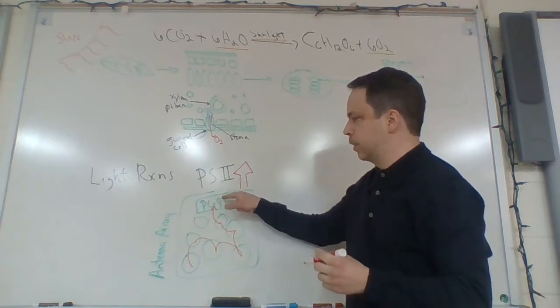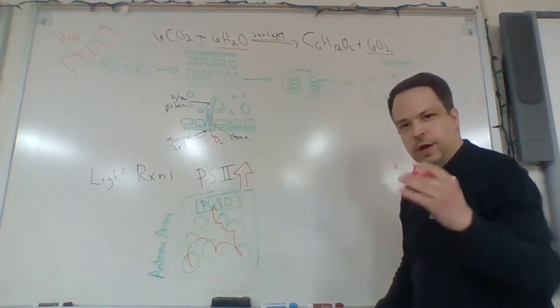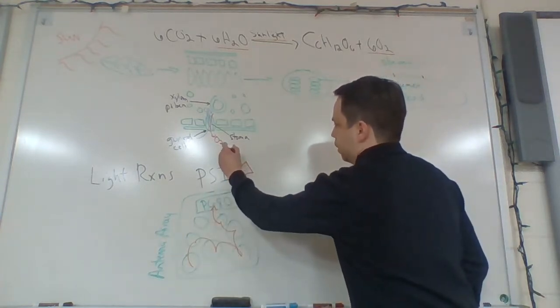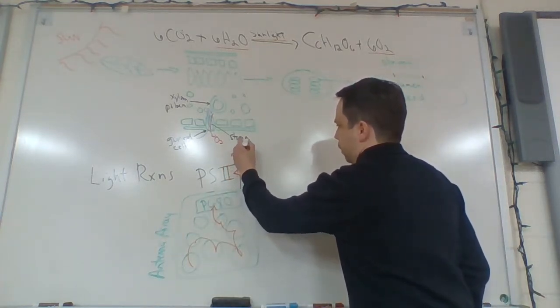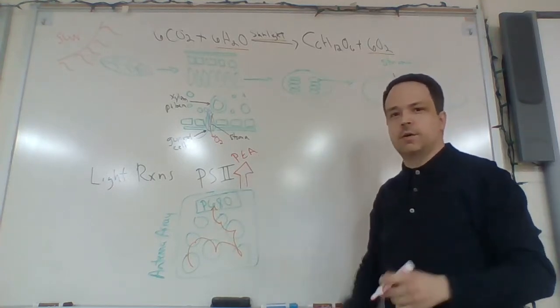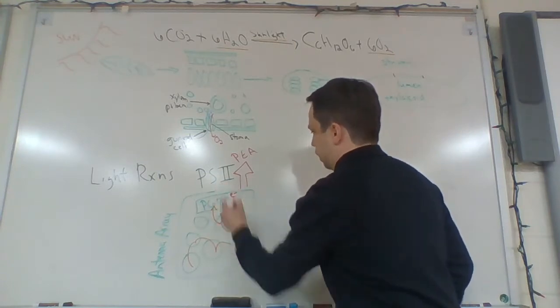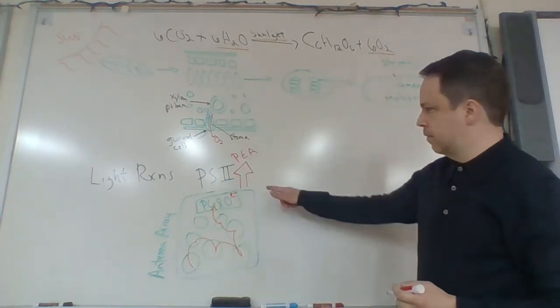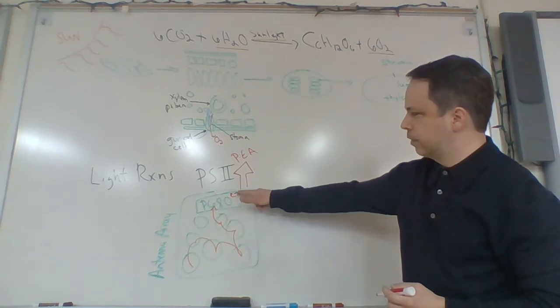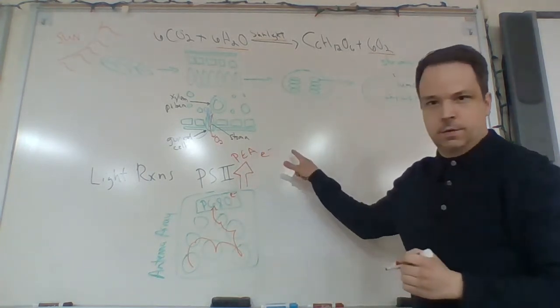The electron in there gets so excited that it jumps up to another energy level and gets taken away. It's taken away by something called a primary electron acceptor, PEA, the P. Okay. The electron gets taken away by a primary electron acceptor. I'm going to have an e with a negative sign just to denote that an electron is getting taken away by the P.